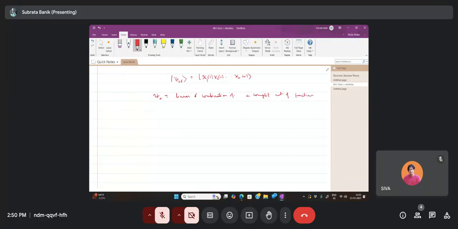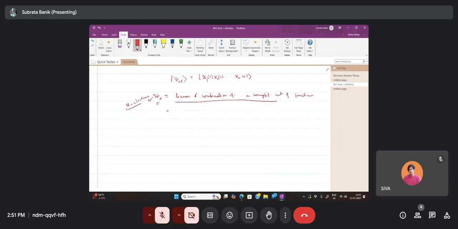Which are orthogonal. I mean, they may not be orthogonal, but it's better to have an orthogonal set. So we have to construct this. Remember that this has the property of n electrons, so each member of the linear combination must also be a function of n electrons.